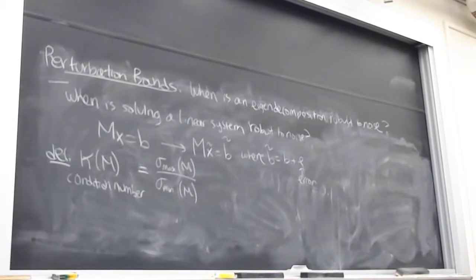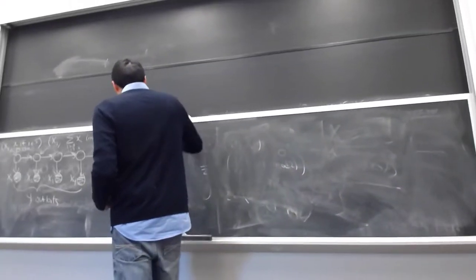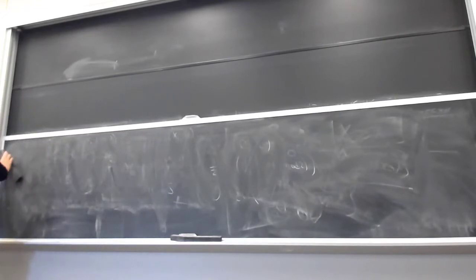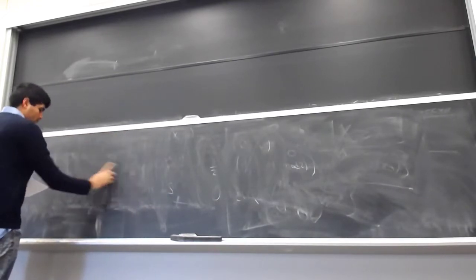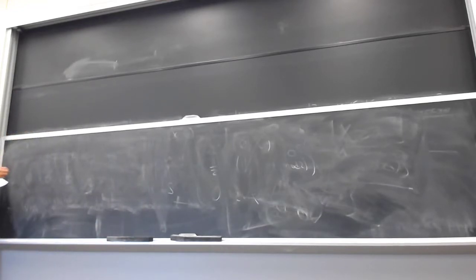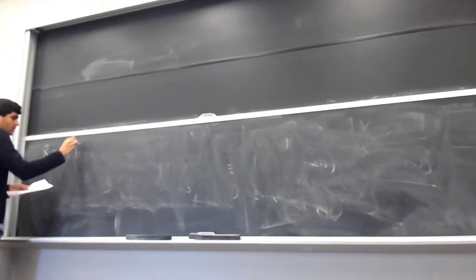So let's see why that is. It's a simple exercise, but a very enlightening one to do. Let's solve for x tilde. It's just M inverse times b tilde.